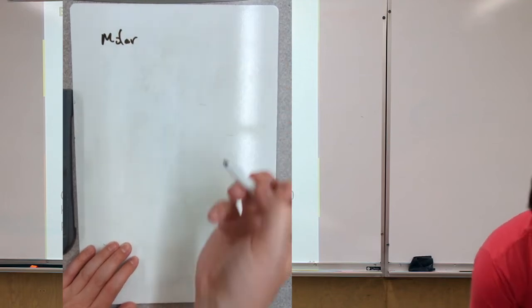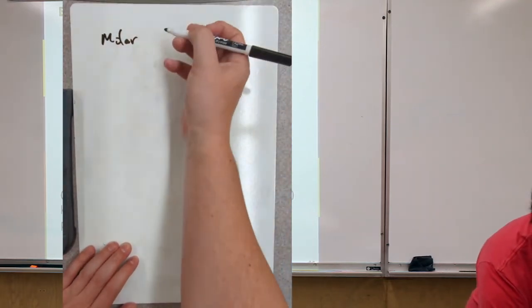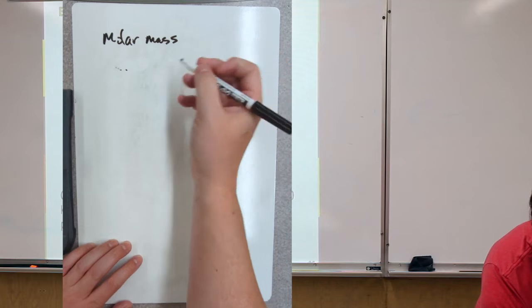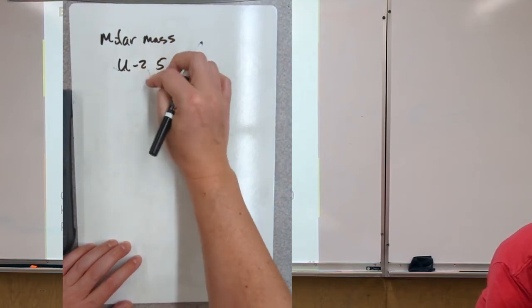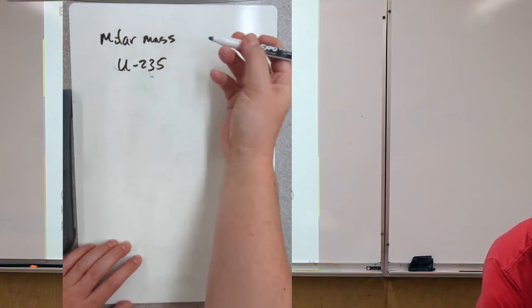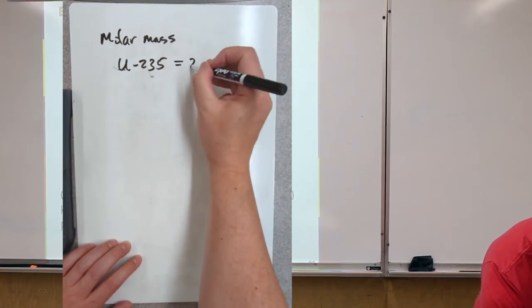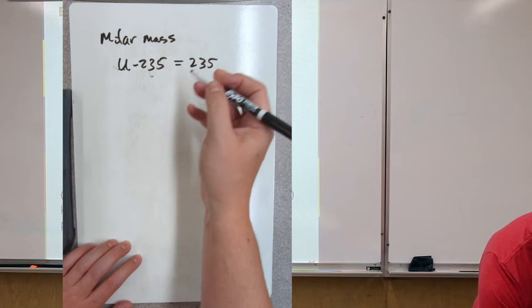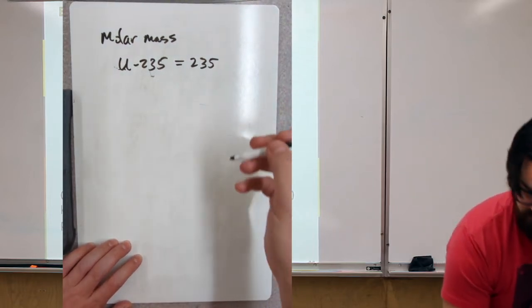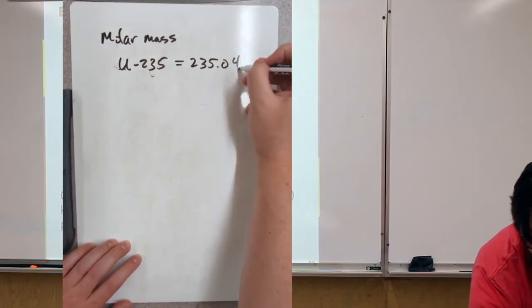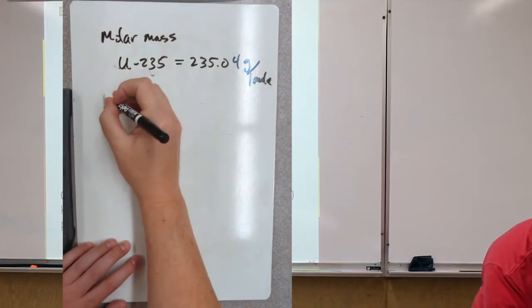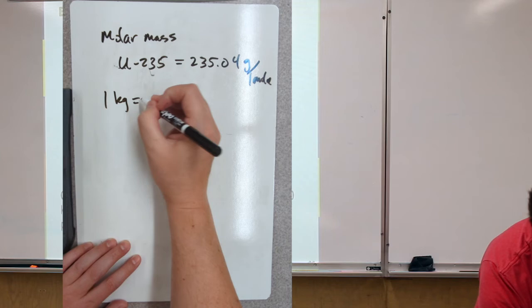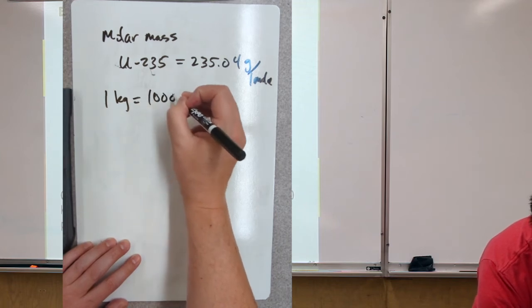So, to figure out the mass, the molar mass of uranium-235 is going to be pretty close to 235. That's the atomic mass number. It's about 235.04 grams per mole. So in 1 kilogram, that's 1,000 grams.